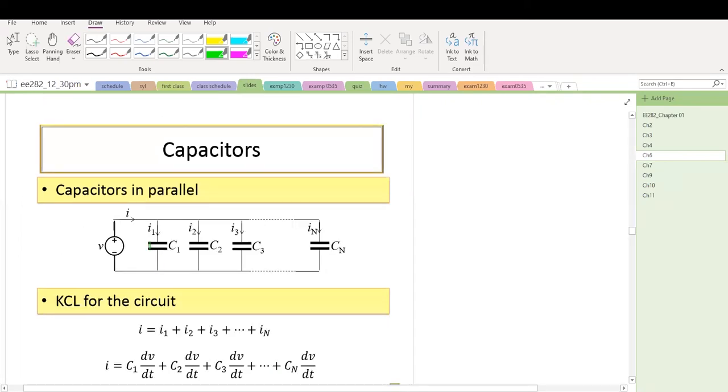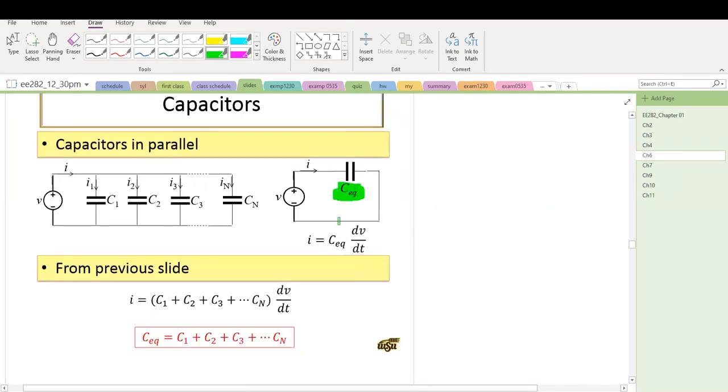Next, let's look at capacitors in parallel. Using KCL and the current-voltage relationship of the capacitor, we plug it in. Then the equivalent capacitor is the summation of all those capacitors, C1 plus C2 up to Cn. This formula is similar to resistors in series.